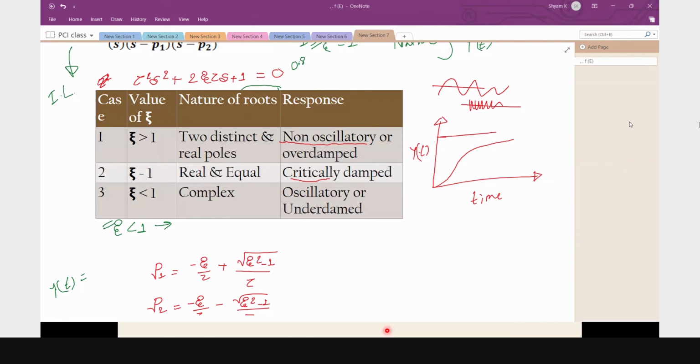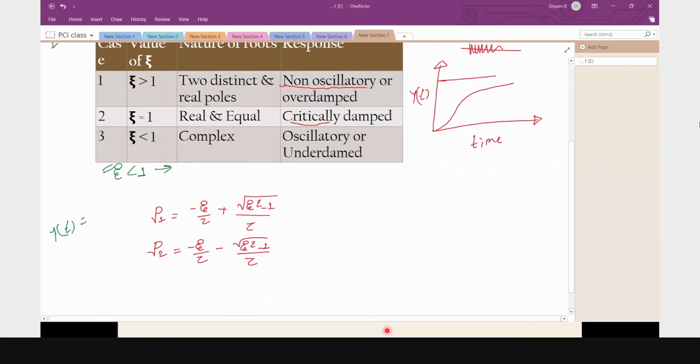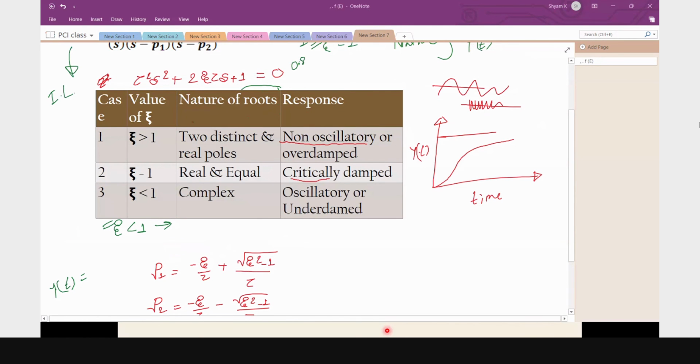Okay, one last thing: when xi is less than 1, what will happen? If it is less than 1, then a negative sign will come under the root. Just respond, a negative sign will come. And when a negative sign comes under the root, it will go into a complex number. Okay, so the nature of roots will be complex.